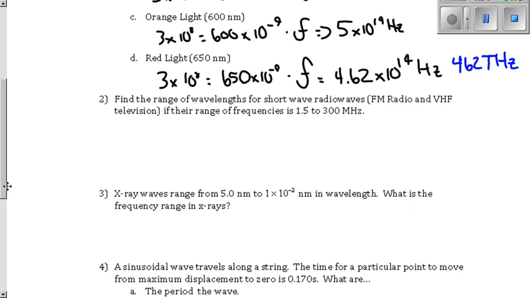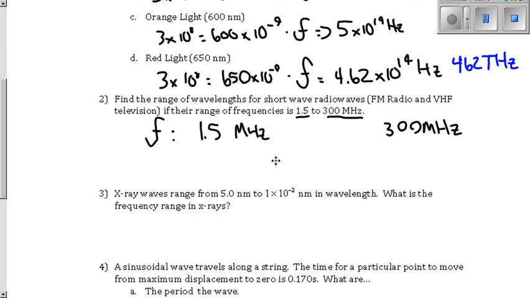For question number 2, we're finding the range of wavelengths for shortwave radio waves, which are given as a frequency of 1.5 to 300 megahertz. So if our frequencies range from 1.5 megahertz all the way up to 300 megahertz, if we find our wavelengths, we should find that the longer wavelengths are for the lower frequencies, and the shorter wavelengths are for the higher frequencies.